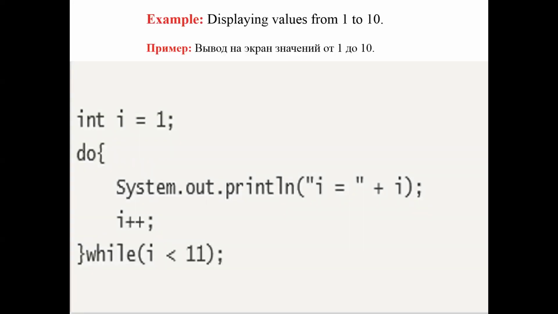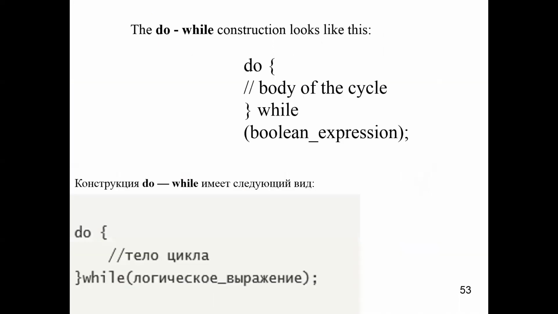For example, displaying values from 1 to 10, but using do while. The do while construction looks like this: do, body of the cycle, while, Boolean expression. The body of the cycle is in curly braces.